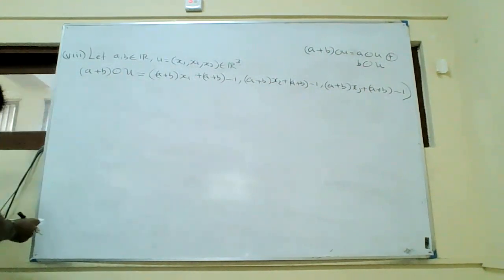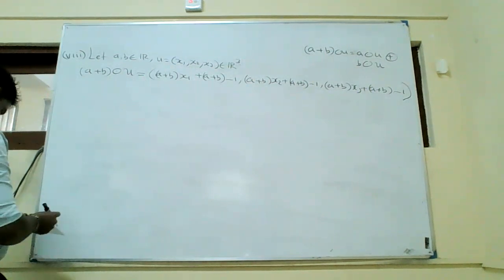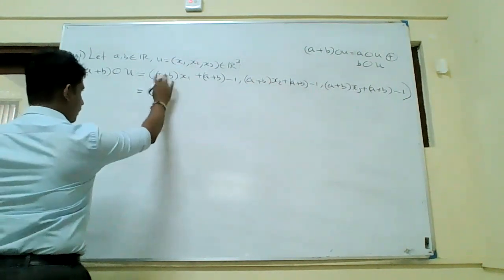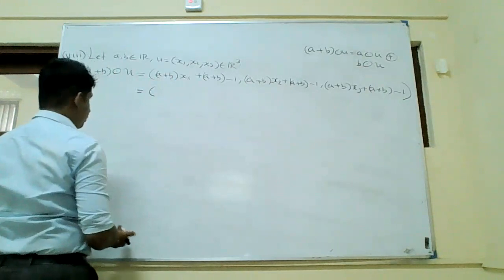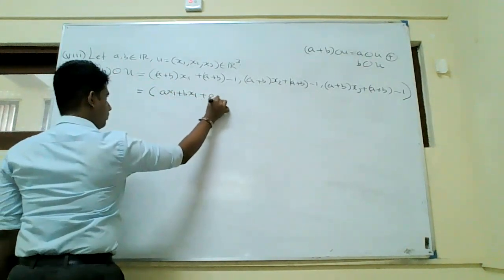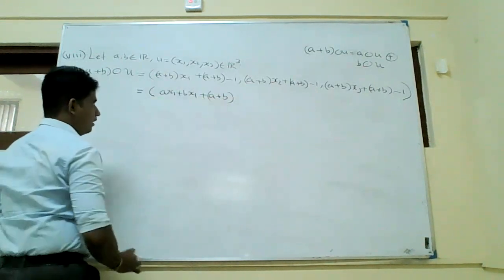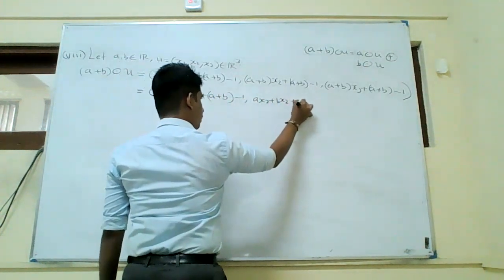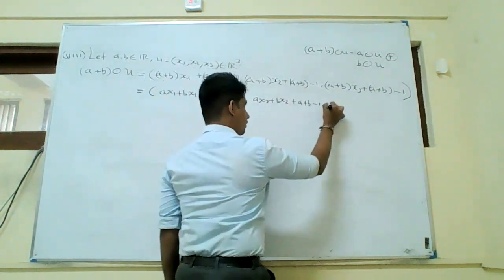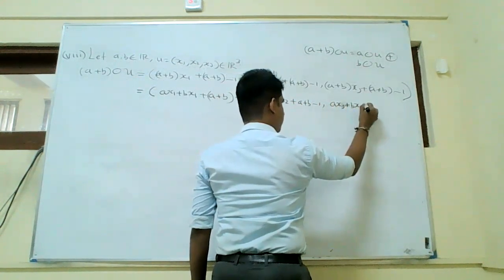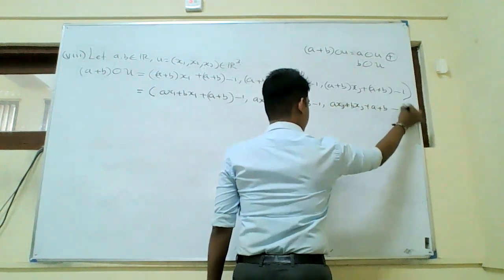You can move one step. Since a, b are real numbers and x1 is a real number, you can also distribute it. Okay, it's ax1 plus bx1, a plus b minus 1. ax2 plus bx2, a plus b minus 1. ax3, bx3, a plus b minus 1.